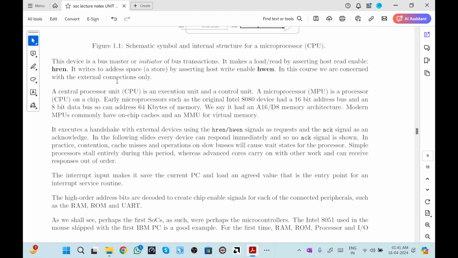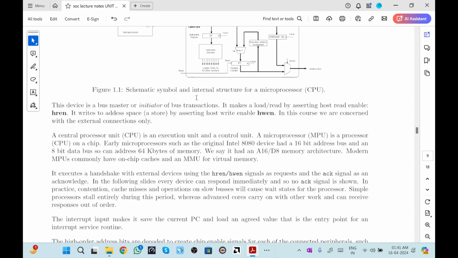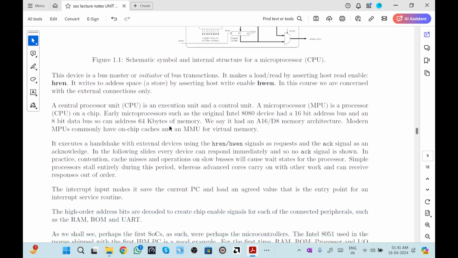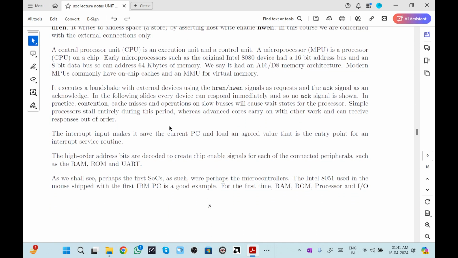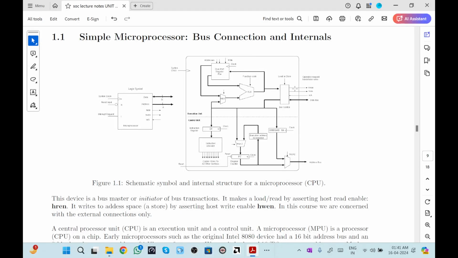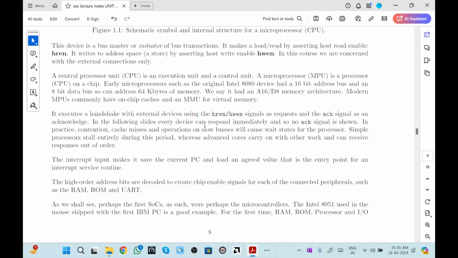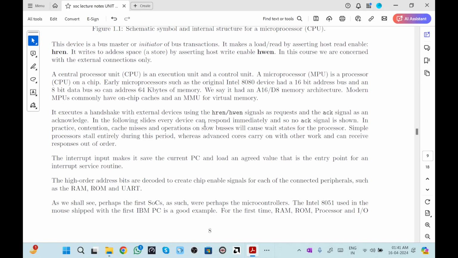The device is a bus master, initiator, bus transition, and it makes loads and reads, asserting host and read enable HRAN, and the write enable HWN. This is the read section. We have different signals, one for read and one for write, with different ports. That's how we can execute.